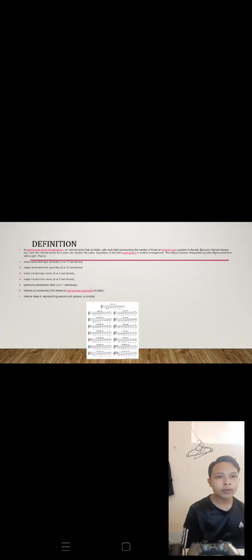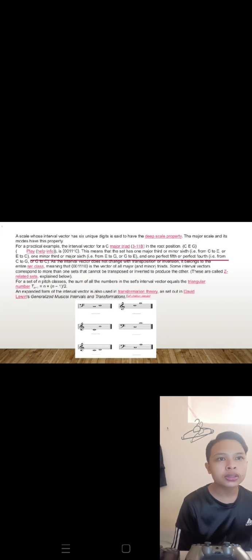Fifth, perfect fourths and perfect fifths, 5 or 7 semitones. Sixth, tritones, 6 semitones. The tritone is inversionally equivalent to itself. Interval class 0 represents unisons and octaves.